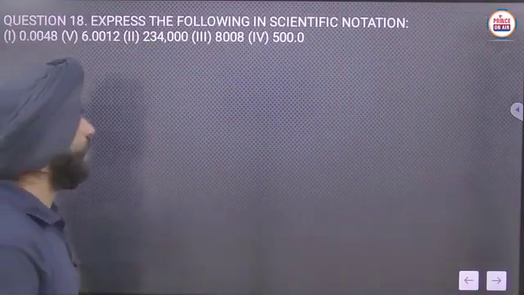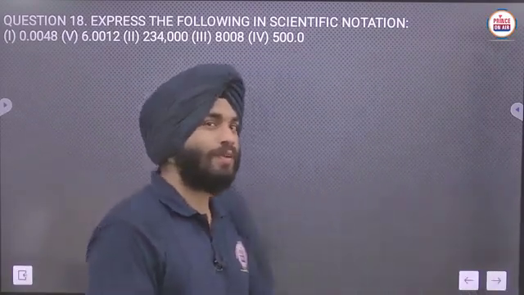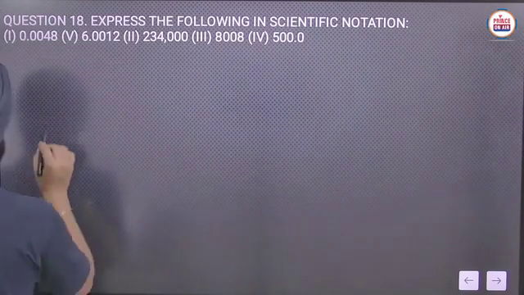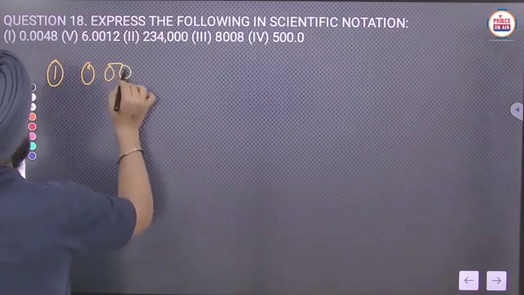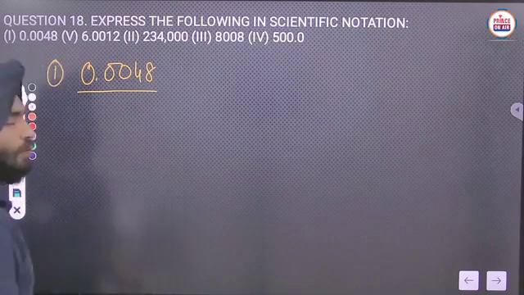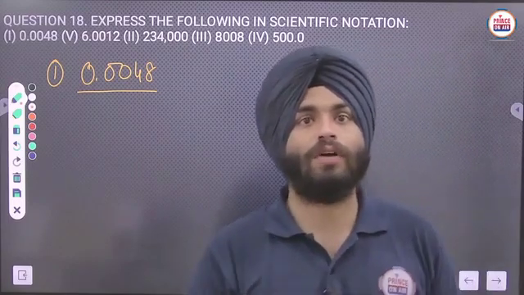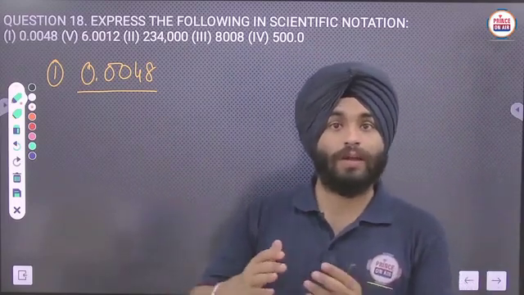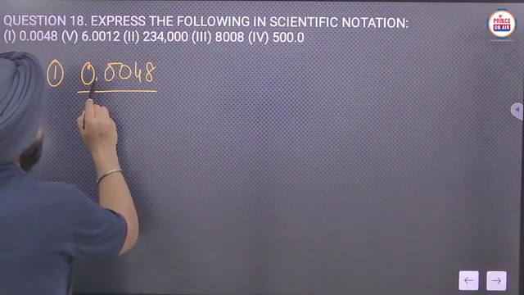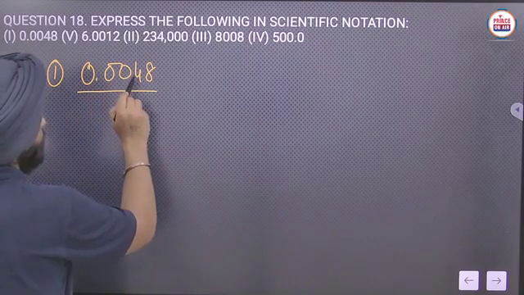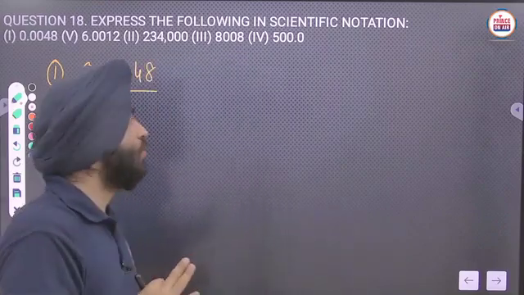Next is, express the following in scientific notation. That is the simplest question here. Just express these values in scientific notation. The first one is 0.0048. I told you in the last sessions how to convert this type of values into powers of 10, that is scientific notation. If you shift the decimal towards the right side, the power will decrease.